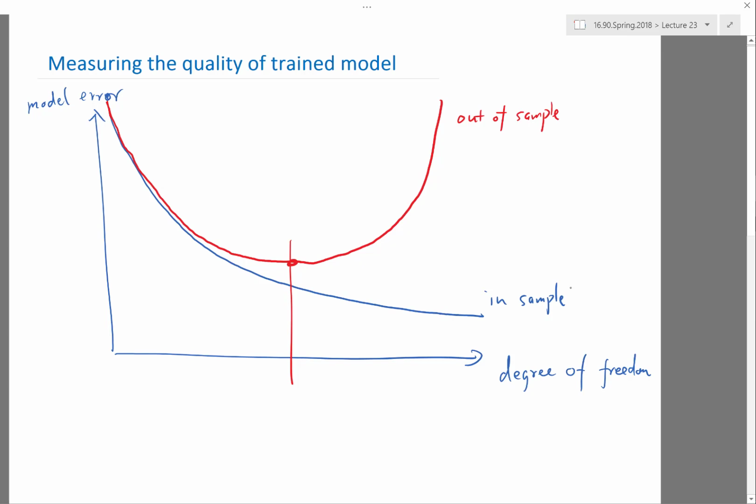Is there ever a time when you wouldn't necessarily choose the minimum, you choose something maybe to the left of it so that you decrease computational cost? Maybe, yeah. That's a good question. I haven't really encountered a case like that yet.